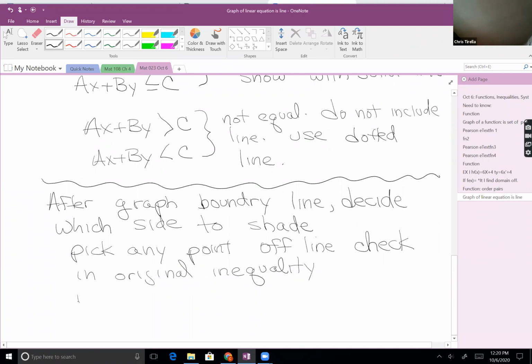When we do that, if it's true, we shade to include that side of the line. If it's false, we shade the other side.